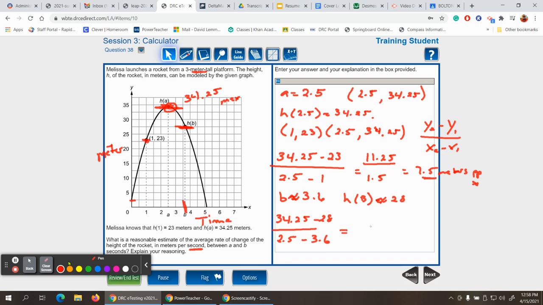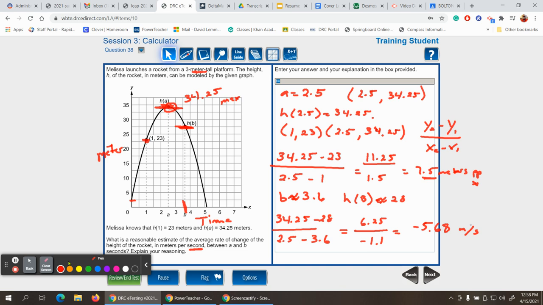And that gives us 6.25 over negative 1.1, which I put in the calculator. I get negative 5.68 meters per second.